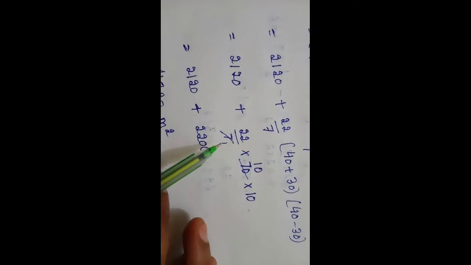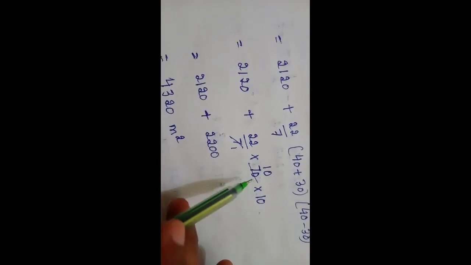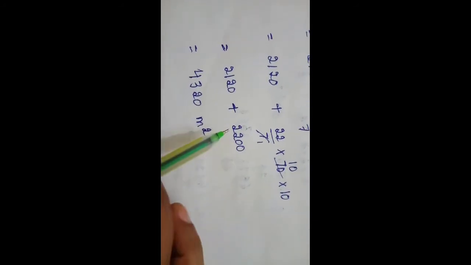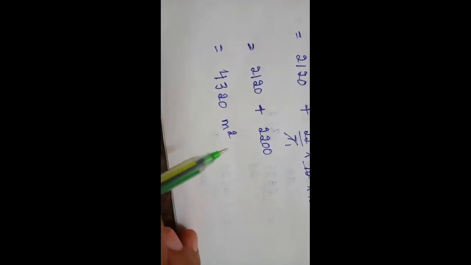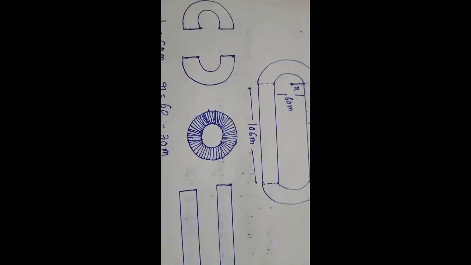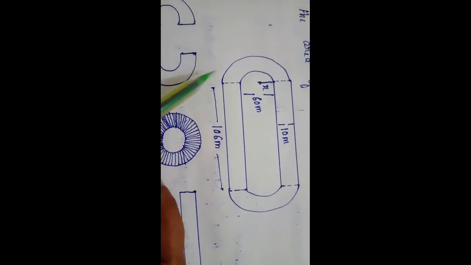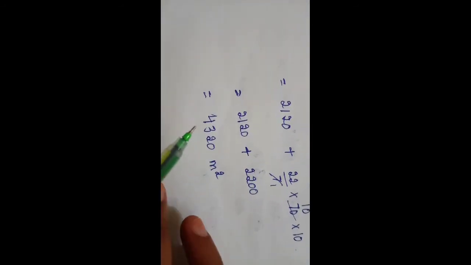So 22 by 7 into 70 into 10. Cancel, we get 7 tens are 70, and after multiplication we get 2200. Add these two terms, we get 4320 meter square. So this is the area of the path what he asked, that is area of the track, the overall path of this track is nothing but 4320 meter square.